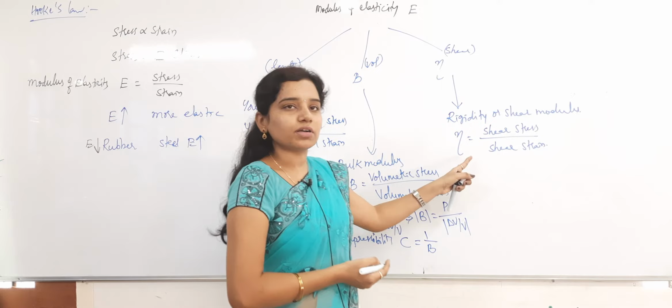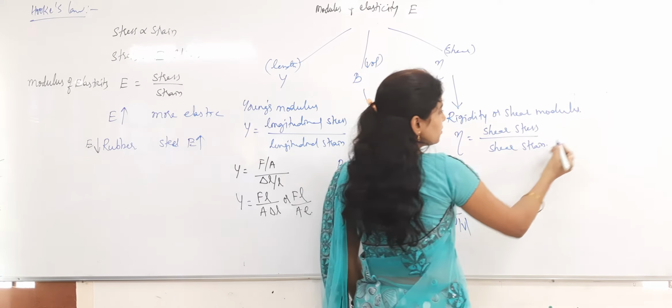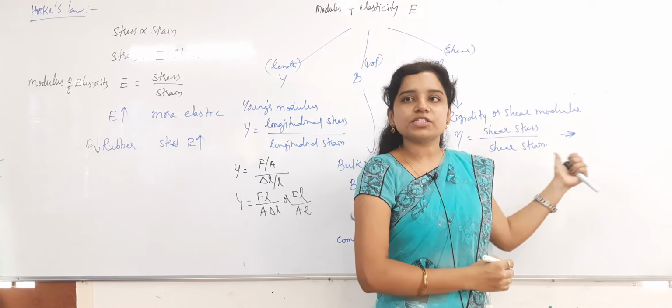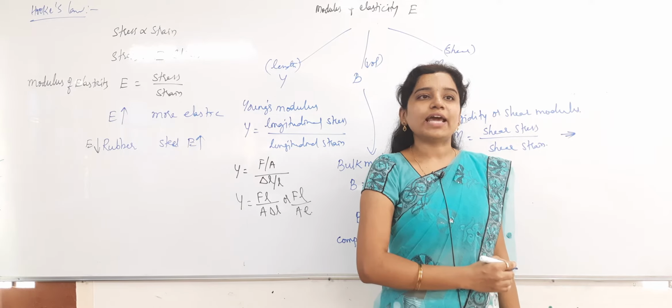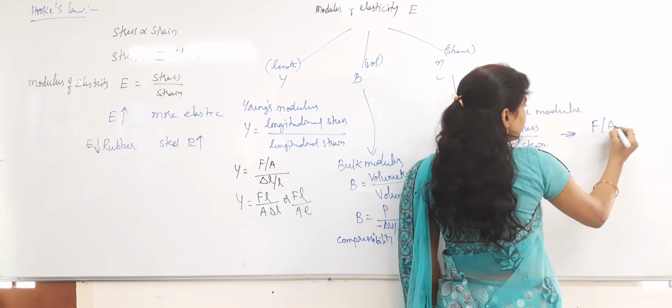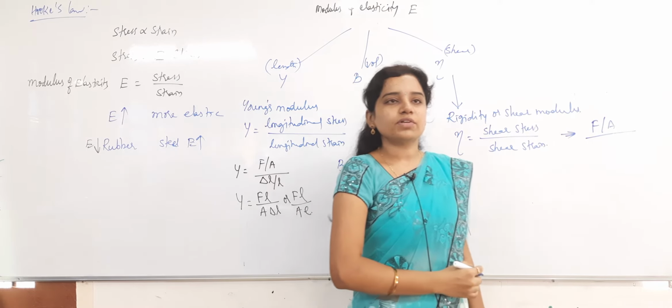Next one is shear modulus, or tangential, otherwise rigidity modulus. So what I can write here, shear stress means what is the formula? Force by area. Which force you have to take? Tangential force by area. So that force divided by area, that divided by shear strain is what? What is the shear strain?